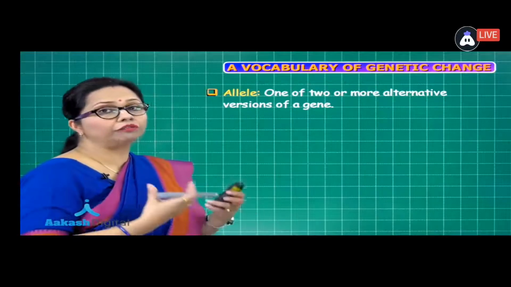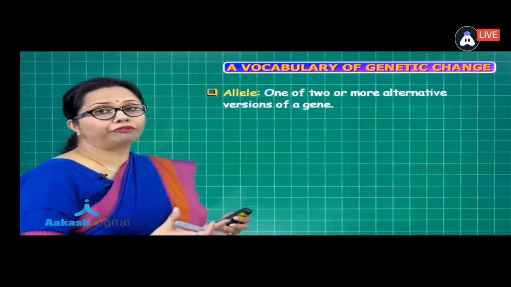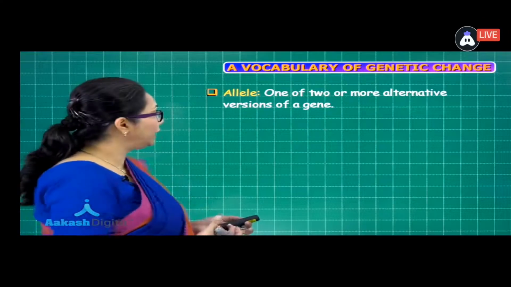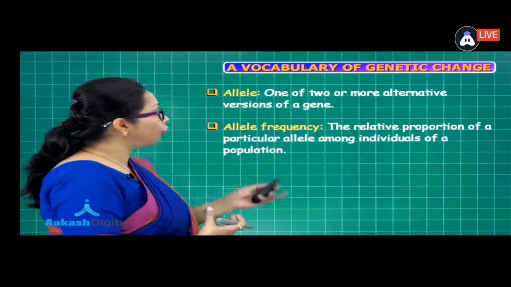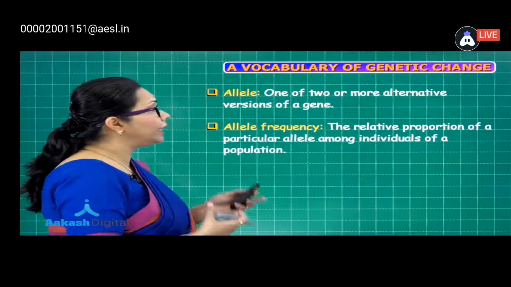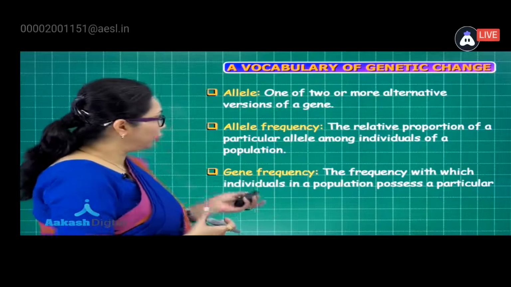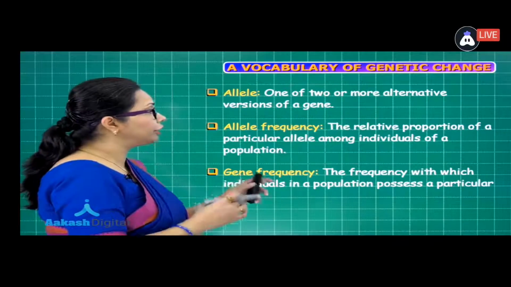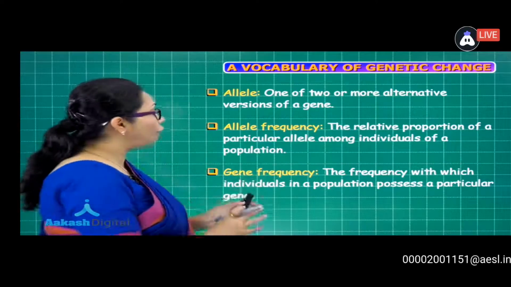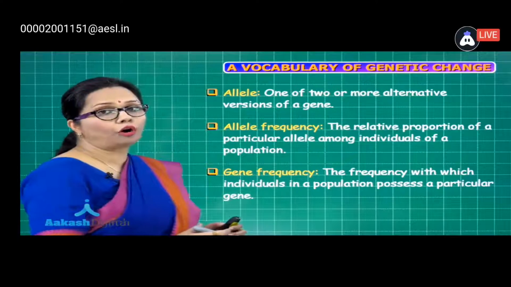One single gene which is coding for a particular kind of trait can exist in different forms, and those are called alleles. Then the allele frequency, that would be the proportion of that particular allele among the individuals of a population. Gene frequency, now sometimes these are confused, but gene frequency would be for the frequency of that particular gene only among the individuals of the population.